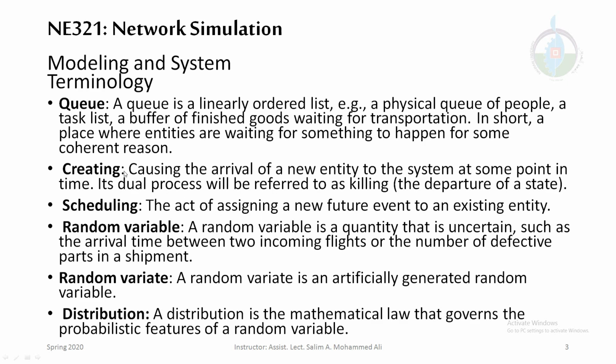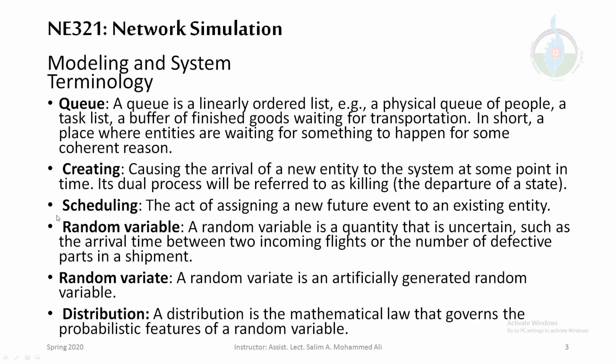When you are trying to create a simulation in a computer system, usually you need to create the arrival of new entities or customers for the system, and also the departure or killing of the customers can be distinct or can be included in a creating process.